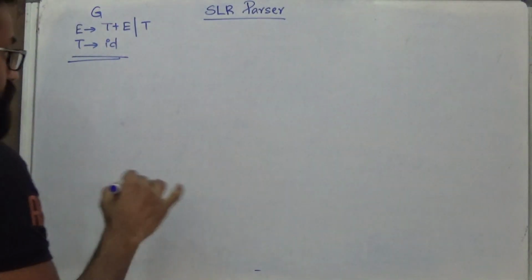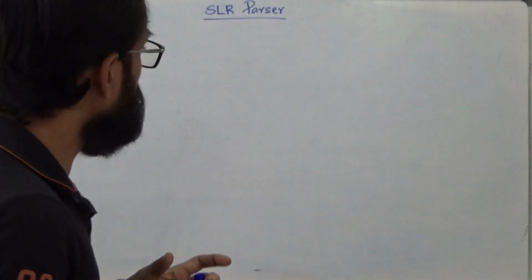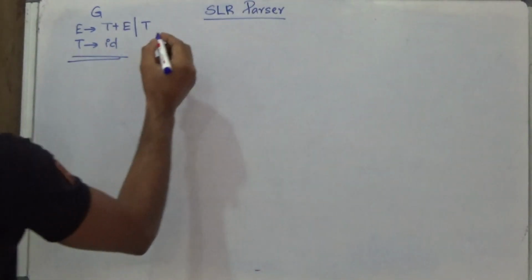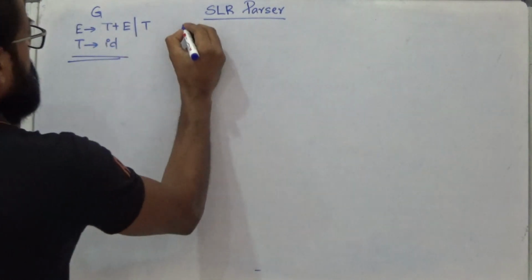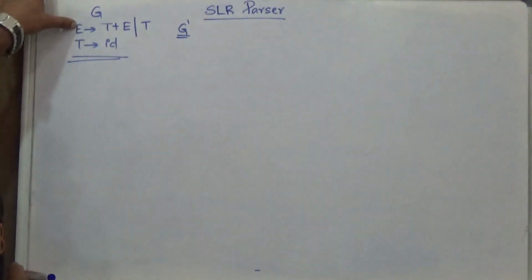So before determining the collection of LR0 items and constructing the deterministic finite automata, you have to take the augmented grammar. So what about the augmented grammar G dash? Here E is the start symbol.